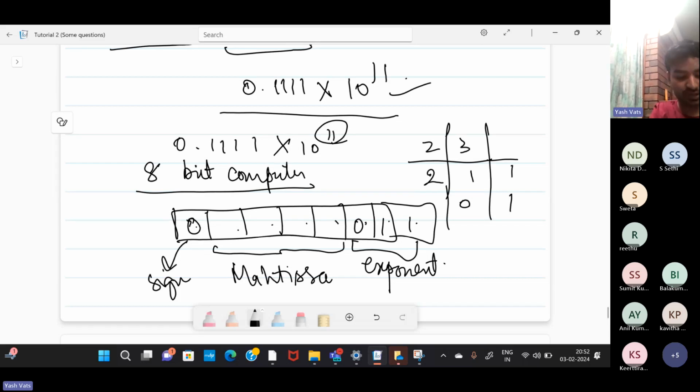The mantissa is 0.1111, so just write 1, 1, 1, 1. That is the 8-bit exponential representation. For the repeated things, you just have to look at it. For 64-bit, you just try yourself. And significant digits I've already discussed.